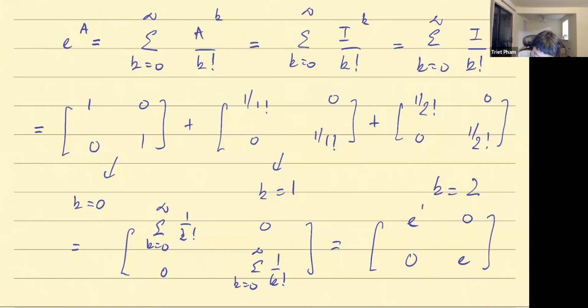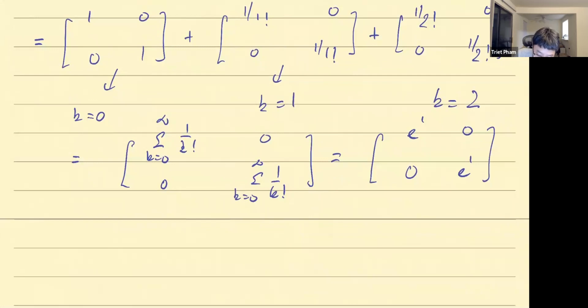And let me put e to 1 here, just for emphasis. Okay, so we have checked that e to the I is e to 1, 0, 0, e to 1 for 2 by 2. And of course, n by n is the same.